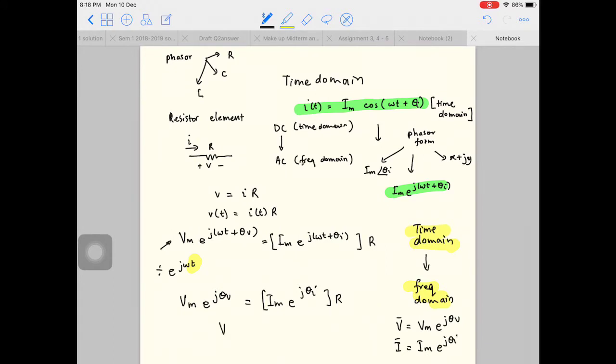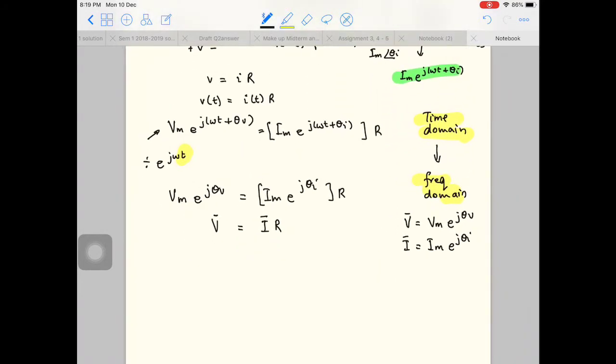If we substitute that, we will have V equal to I times R. If we write this in terms of impedance form, voltage is actually equal to impedance R times I. Here we can rearrange the equation, and we will have voltage divided by current equal to R plus j0.